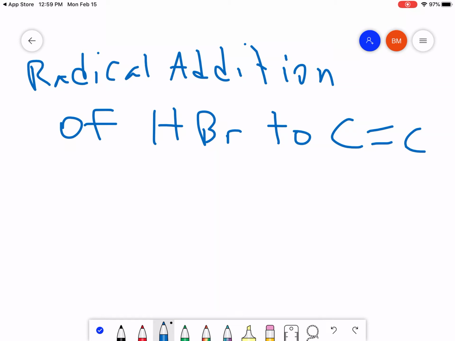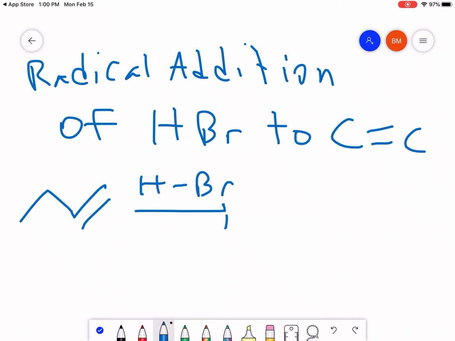So this is a little bit different, and it's also going to be a little bit different than what we've learned previously. We've learned how to add HBr to a double bond, right? If you guys remember, take a look at this example. We could take this terminal alkene, HBr, and I'll walk you through the mechanism.